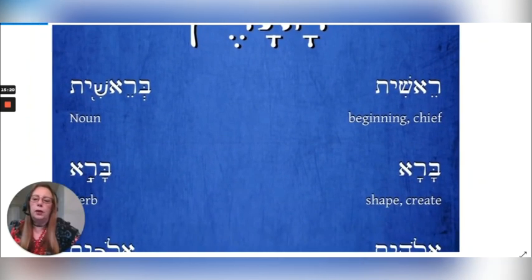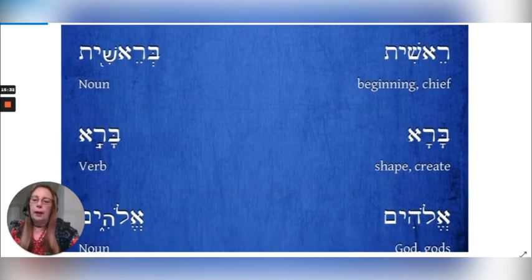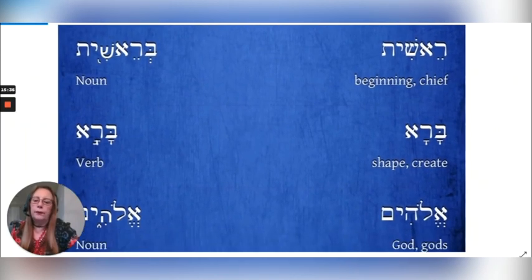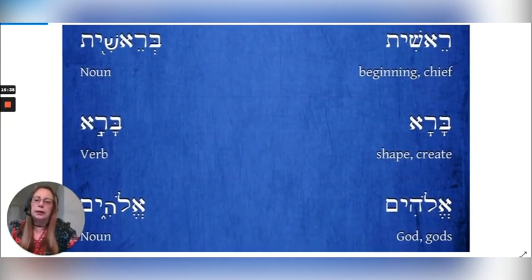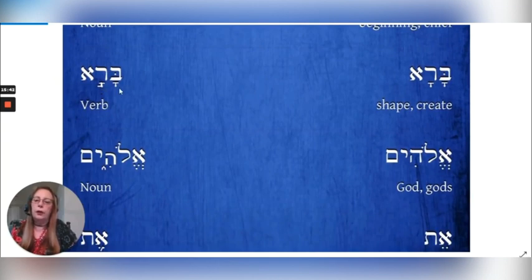So, here are some of the words, the nouns and the verbs. Bereshit is a noun, and it means "in the beginning." Let me see if I can... oh no, there is not another page here, because this one has all the cantillation, which sometimes is confusing. The verb bara means "to shape."